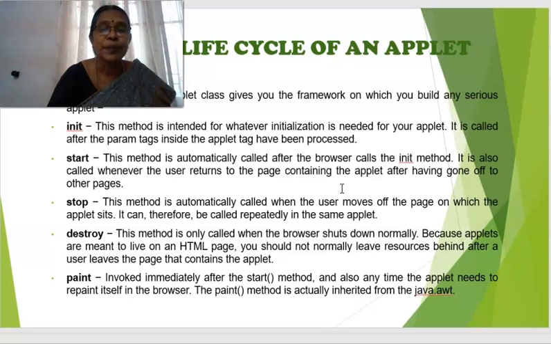The stop method will be automatically called when the user moves out of the applet page. Whenever you suspend the operation of the applet, the stop method will be executed, and whenever you resume it, the start method will be executed. So the start and stop methods can be executed any number of times.